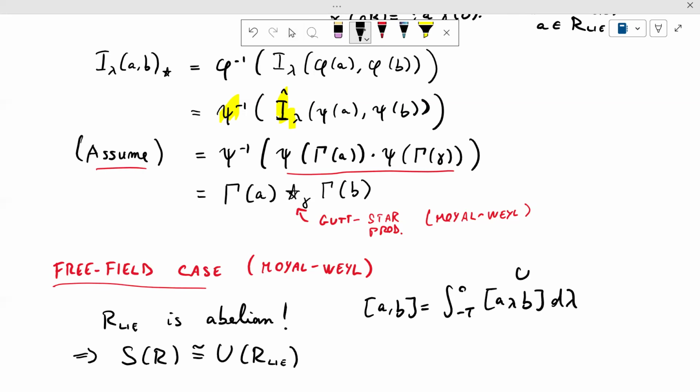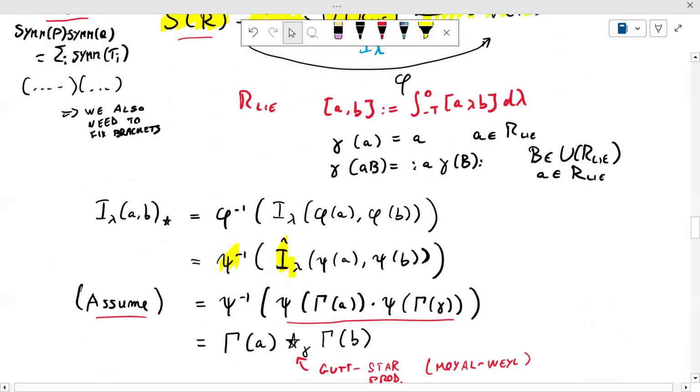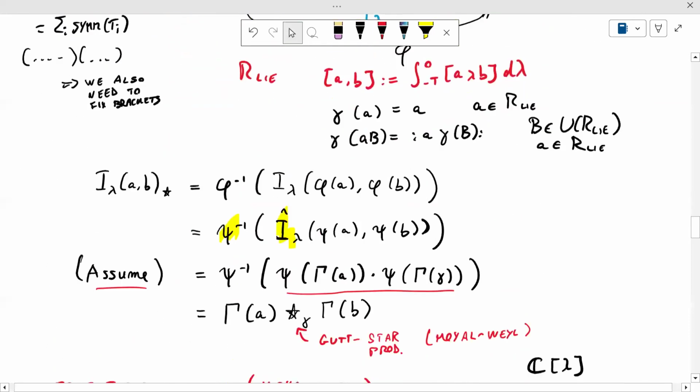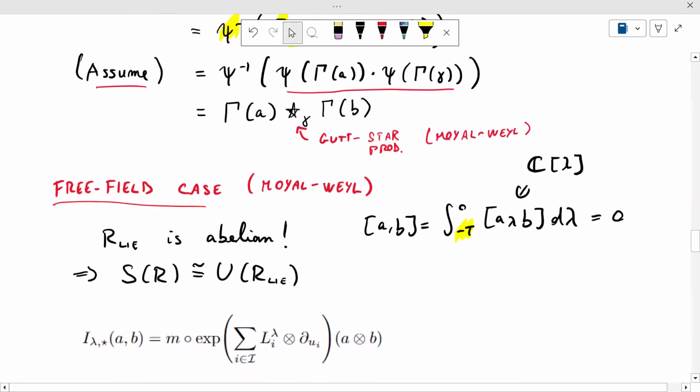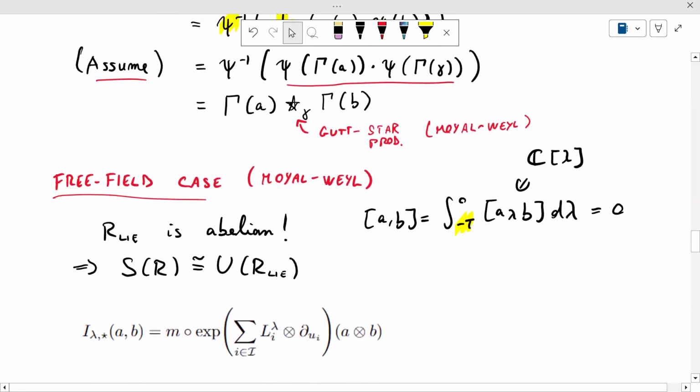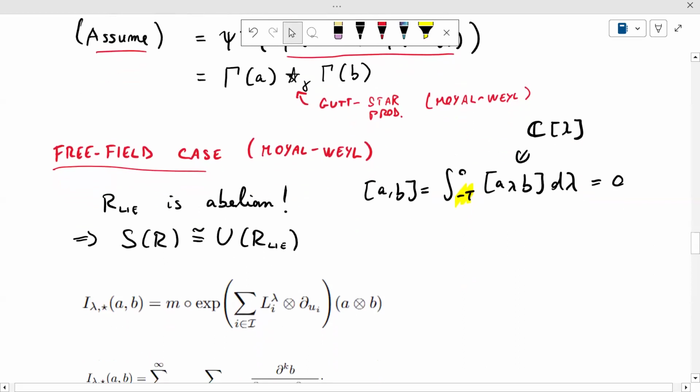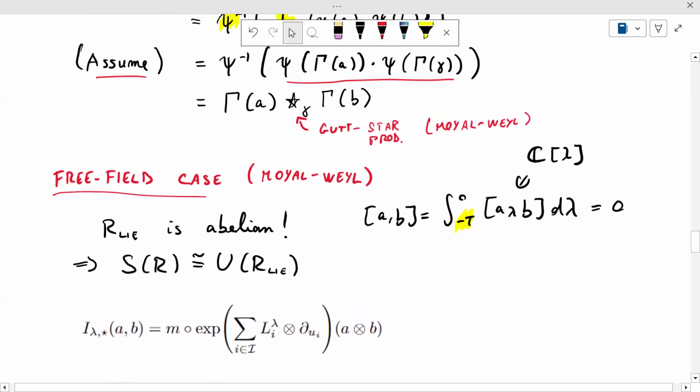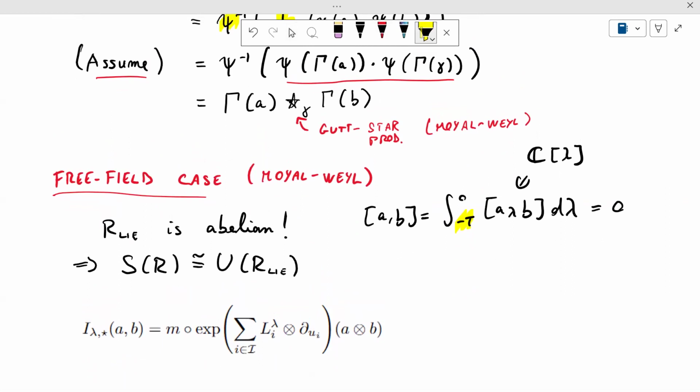Now, free field means that this thing is just a scalar, or polynomial in lambda with scalar coefficients. And when we compute this formal integral, we apply these T's that kill all the scalars. So this is 0, so these first two things are actually the same. Psi will be the identity, so we don't have one of the two steps. We just need to compute that integral lambda cap, basically. And the formula looks like this. You can see the similarity with the Moyal-Weyl one. We have again this exponentiation of this term here.